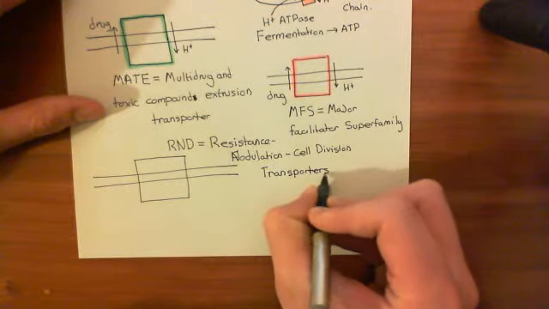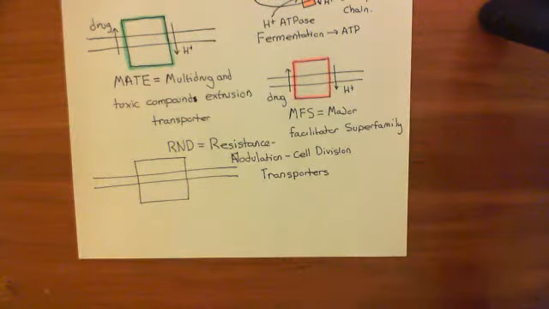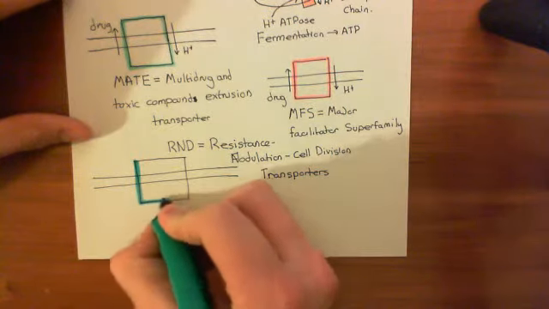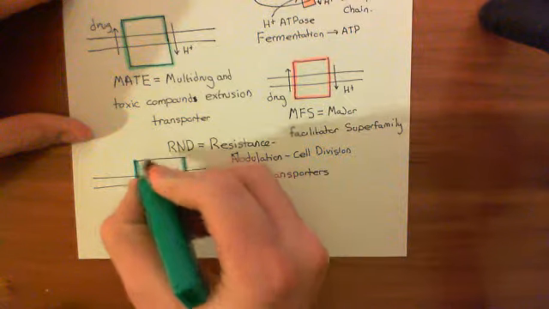And again, they are proteins within the membrane of the cell. So here is our RND transporter in turquoise.